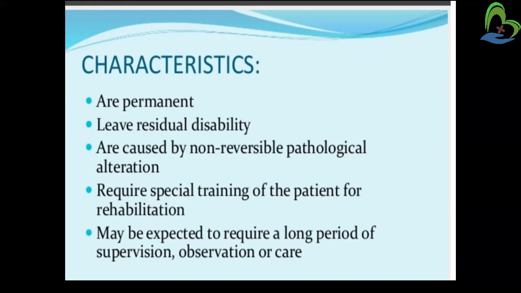For rehabilitation we give them the type of care which can control their disabilities or symptoms. They may be expected to require a long period of supervision, observation, or care.